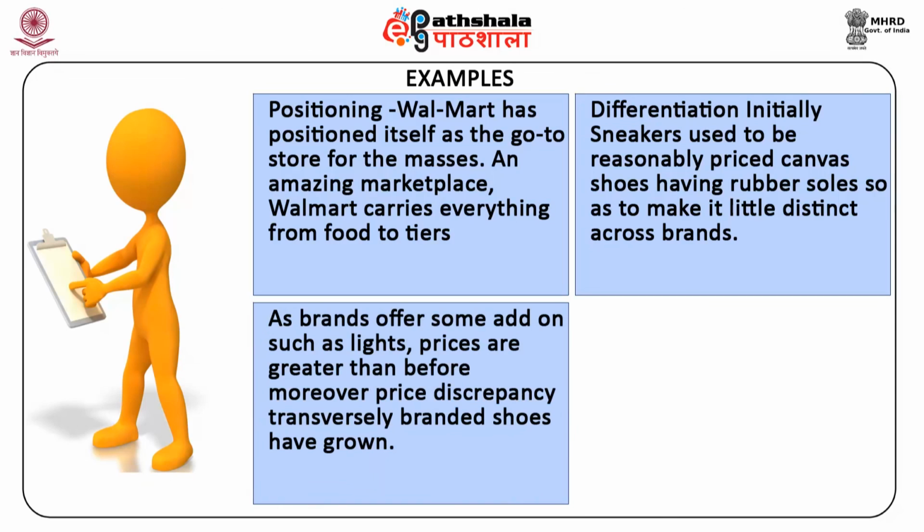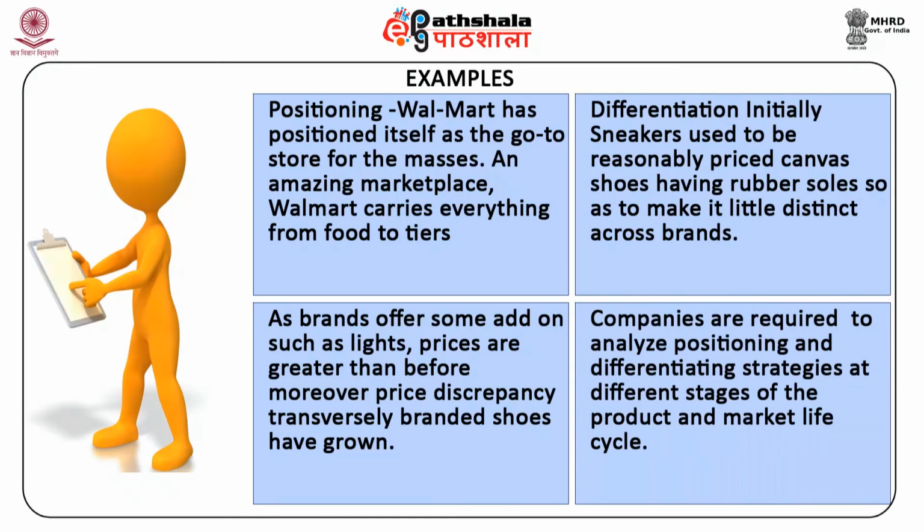As brands offer add ons such as lights, prices are greater than before. Moreover, price discrepancy across branded shoes has grown. Companies are required to analyze positioning and differentiating strategies at different stages of the product and market life cycle.